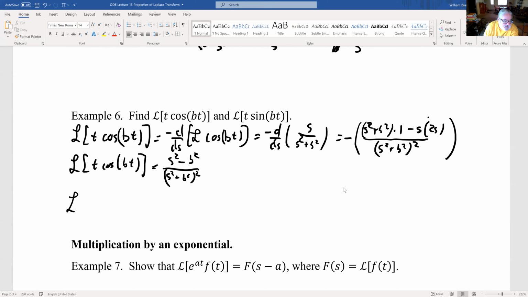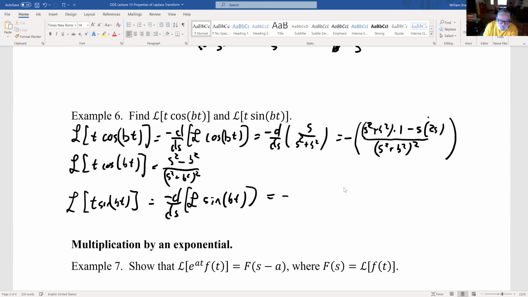The Laplace transform of t sine bt goes the same way. Minus d by ds, a little bit simpler, of the Laplace transform of sine of bt, which is minus d by ds of b over s squared plus b squared.